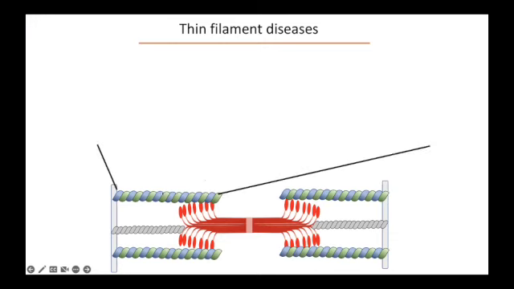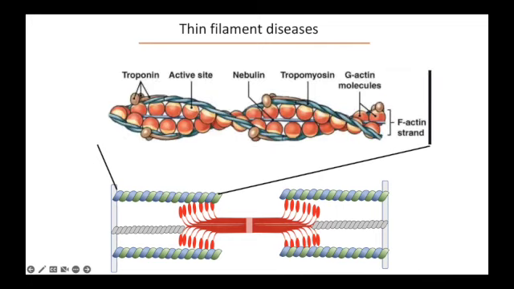When we talk about thin filaments, it's basically a lot of proteins. The main ones are ACTA1, or actin, musculoskeletal actin, which are these globular molecules that can be assembled into filament strands, as you can see here.